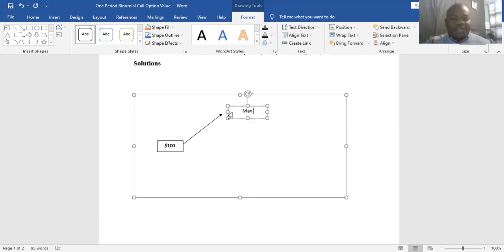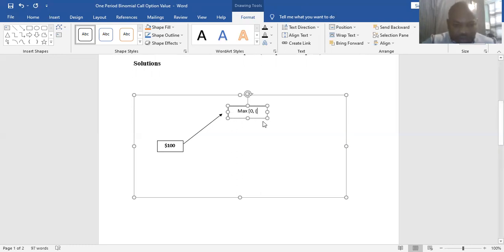So we get the maximum between the value that we calculate and 0. If 0 is the maximum, then 0 becomes the price at expiration. So I'll say max, introduce the brackets, and say 0, comma, what we'll calculate in here.